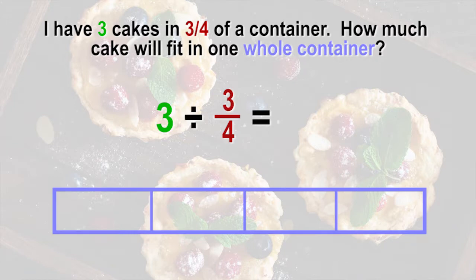Since we have 3 cakes, there will be 1 cake in each section. If 3 is enough for 3/4, how much is enough for 4/4 or one whole? If we place 1 cake in the 4th section, then we have a total of 4 cakes. 3 divided by 3/4 equals 4.